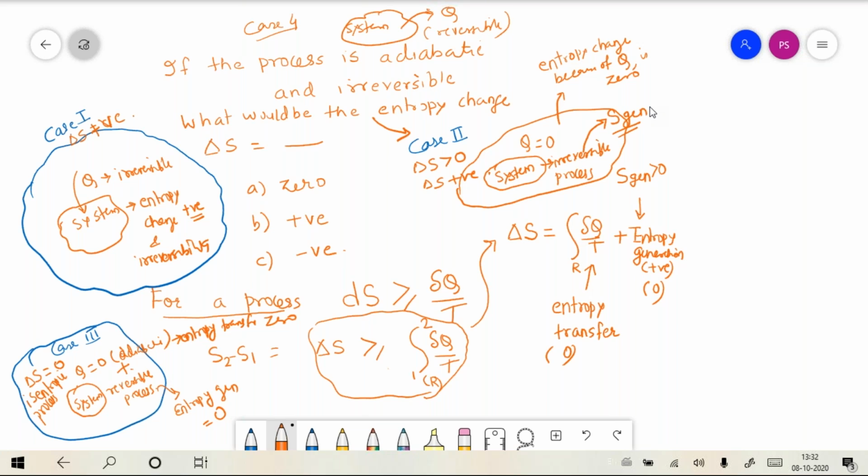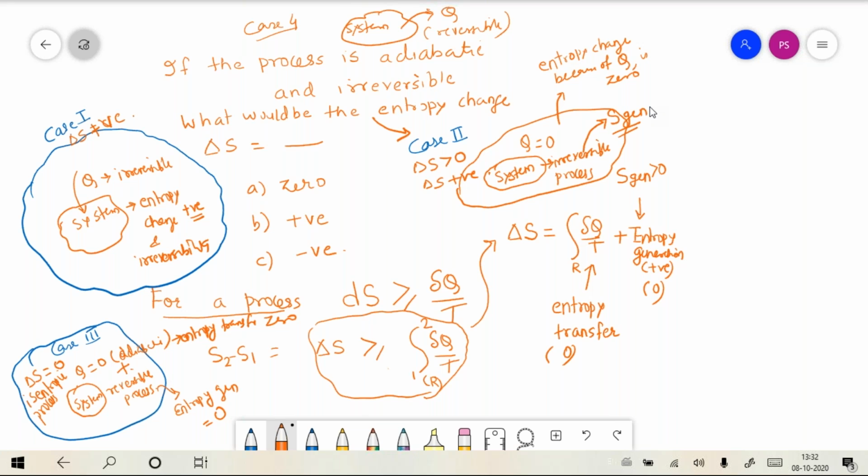So note that when the process is adiabatic and irreversible, then the entropy change is not 0. Then the entropy change is positive. If the process is adiabatic and reversible, then the entropy change is 0. I hope it is clear to you.